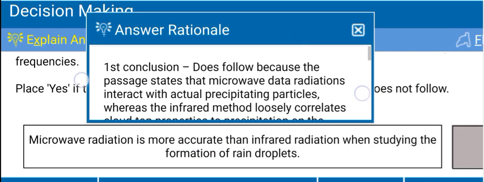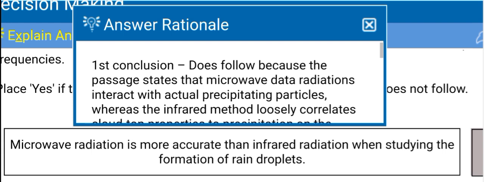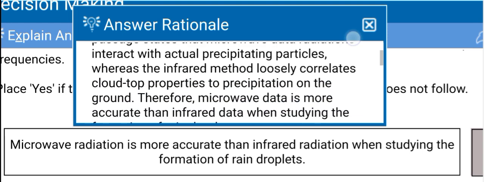So here we have our first conclusion that microwave radiation is more accurate than infrared radiation when studying the formation of rain droplets. It does follow because the passage states that microwave radiations interact with actual precipitating particles, whereas the infrared method loosely correlates cloud top properties to precipitation on the ground.